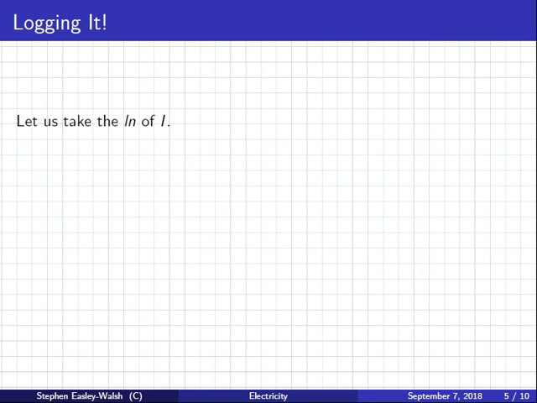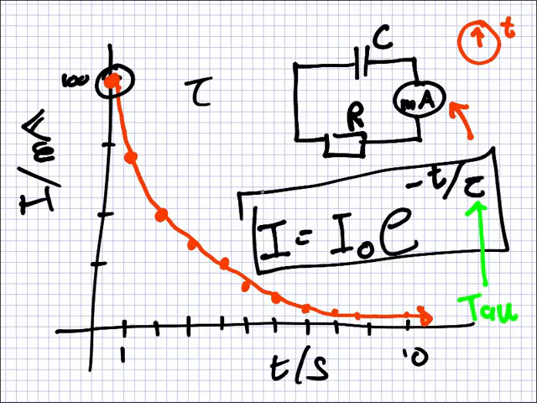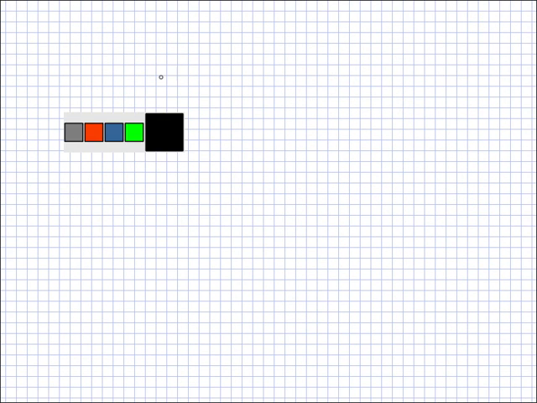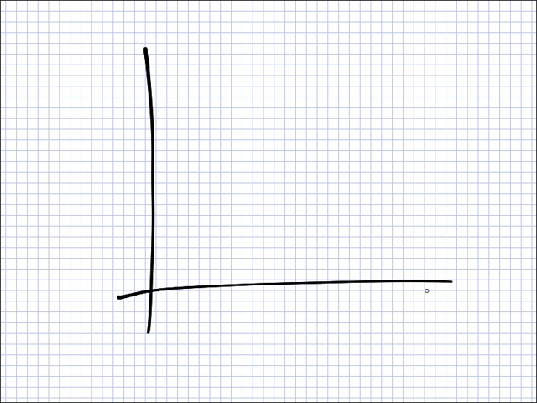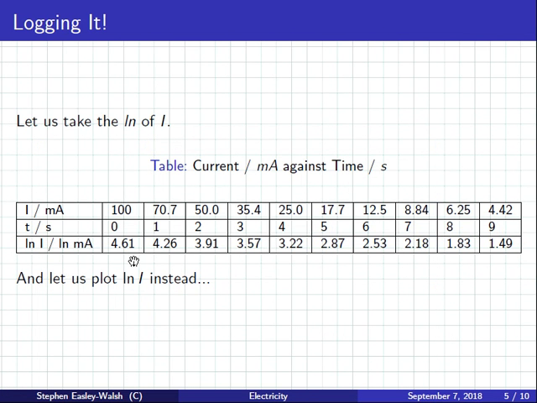Let's calculate the log of I. So I've done it in a table already here. Here's I, here's t, here's the log of I. Now let me plot log of I. So this is t in seconds, and this is log I in log milliamps, and we start at 4.61.